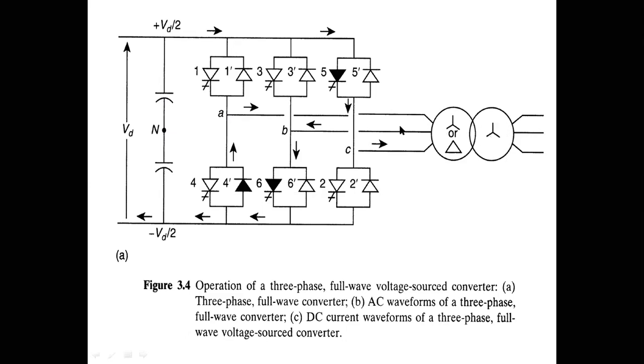See here that the right-hand side AC, delta or star, is connected to a star. You can consider the neutral for the AC side, but for the time being we are assuming these voltages with respect to the capital N. The difference between capital N and this small n, that is the AC side neutral, we'll discuss in a later section.